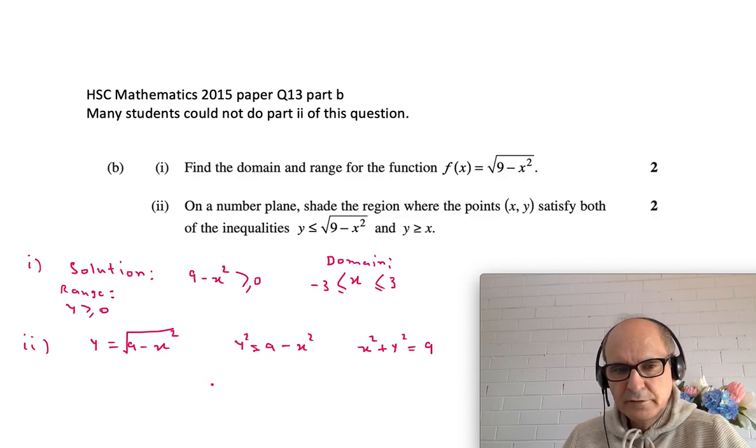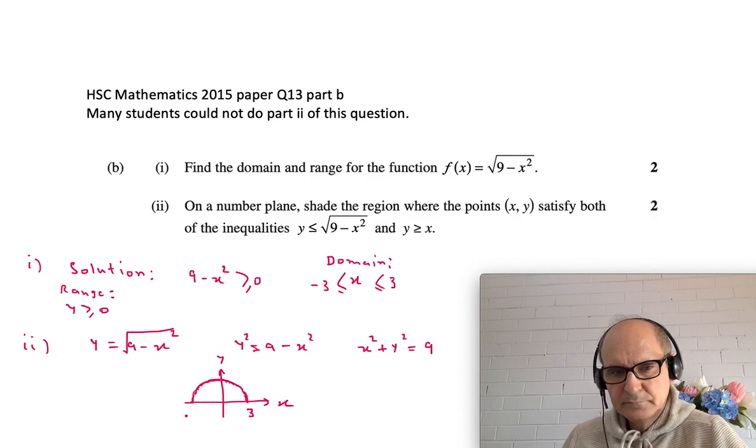So when we are graphing this, if this was your y-axis and this is your x-axis, we are talking about a semicircle with a radius of 3. That is our semicircle, if that was equal.